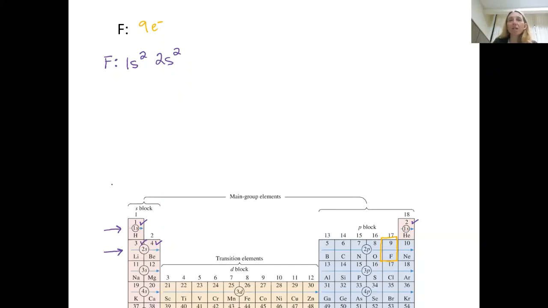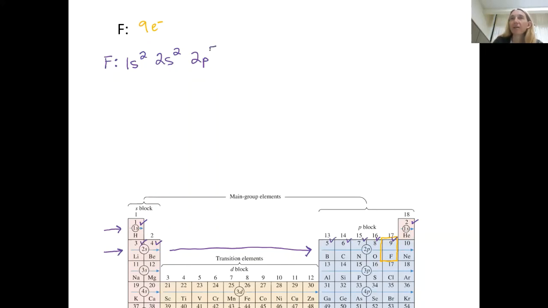So I'm using the periodic table to keep track of the energy levels of where my electrons are at. Okay, next I go all the way across the periodic table, and I hit the 2p orbital. That 2p orbital has 1, 2, 3, 4, 5. And when I get to 5, I get to my element.